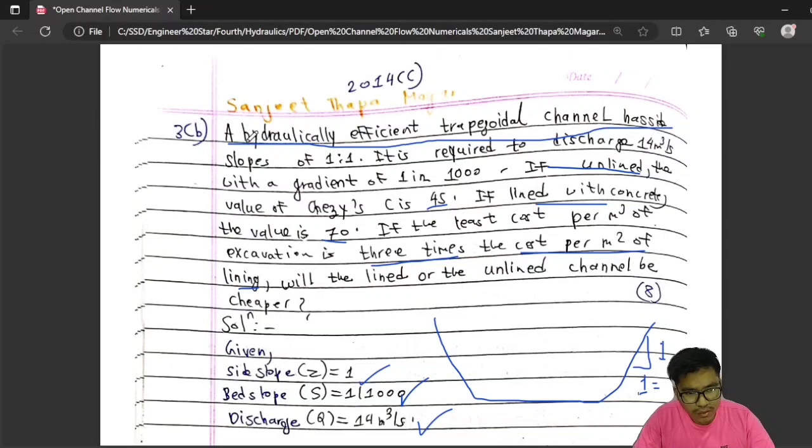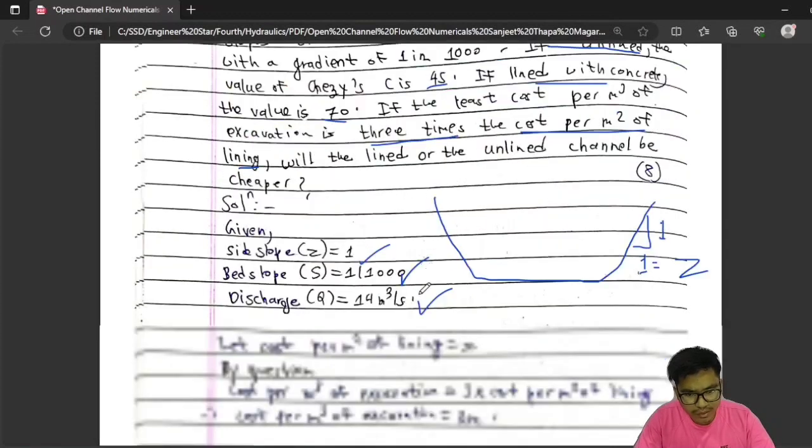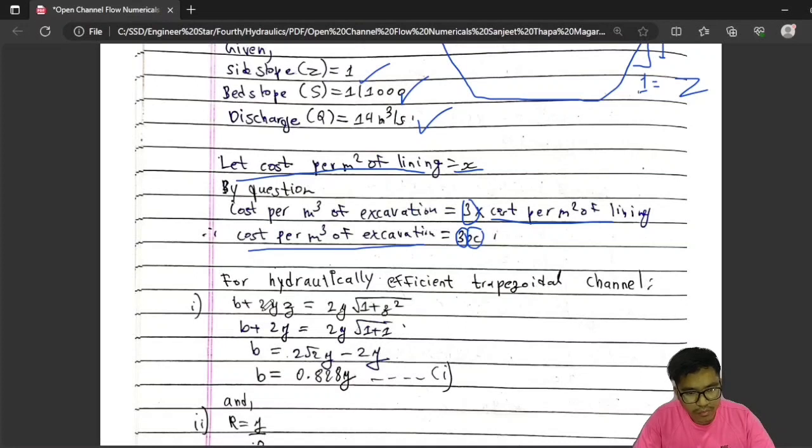So for this hydraulically efficient trapezoidal channel, we have B plus 2yz, the top width, equal to 2 times this side length. Since Z is 1, B plus 2y is equal to 2y times root of 1 plus 1 squared, which is root 2.